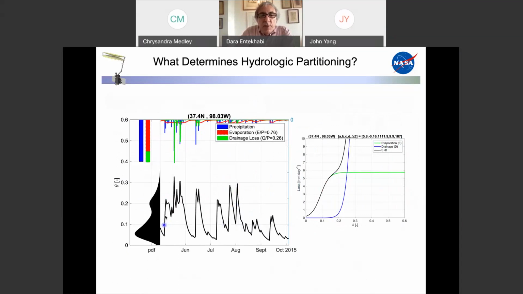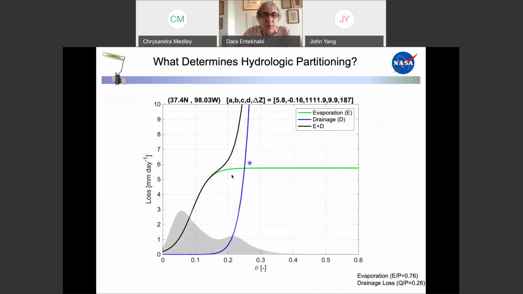And this is the time series of soil moisture, and this is the marginal distribution of soil moisture. So really, the landscape response is a derived distribution of these loss functions with this marginal probability density function. In this case, 3/4 is evaporation, 1/4 is drainage.